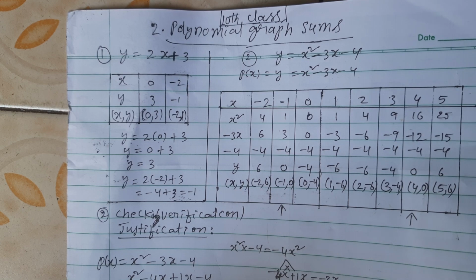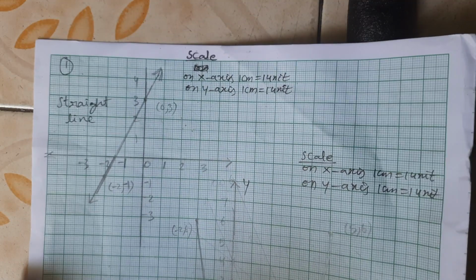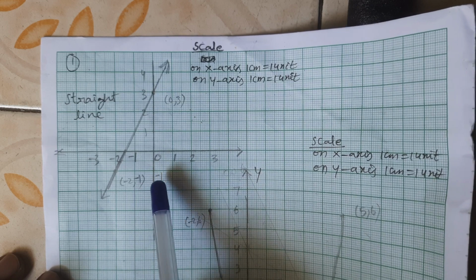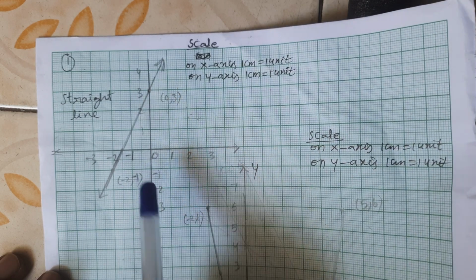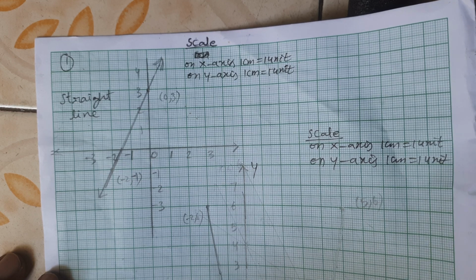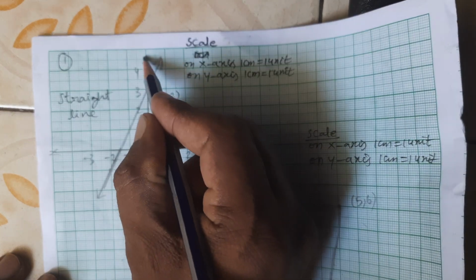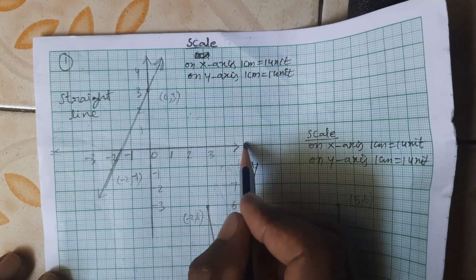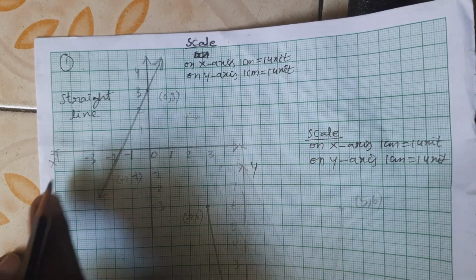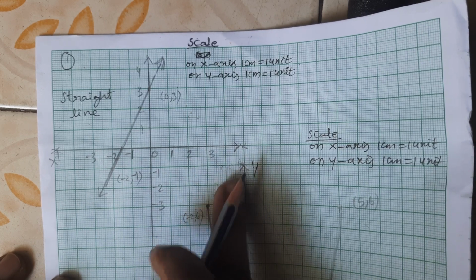Now we are going to discuss plotting the points. See here, I am taking the previous points. First of all, you need to draw the x-axis, one line. This is x, o, x dash. The horizontal line is called x-axis.